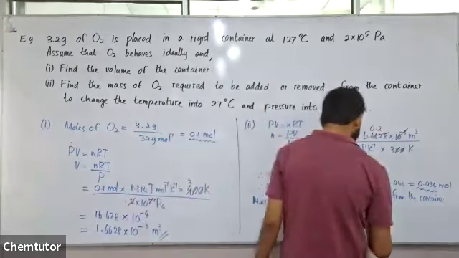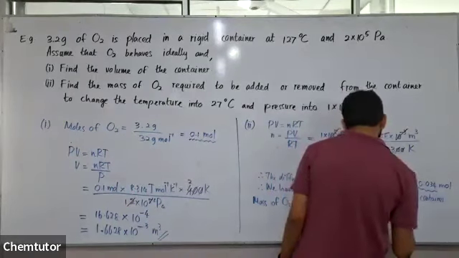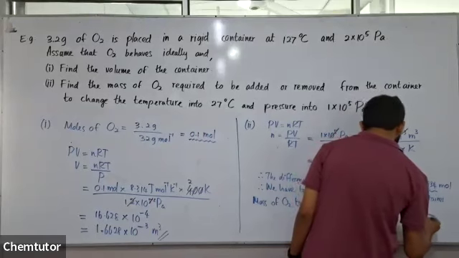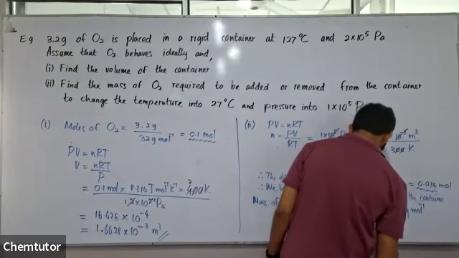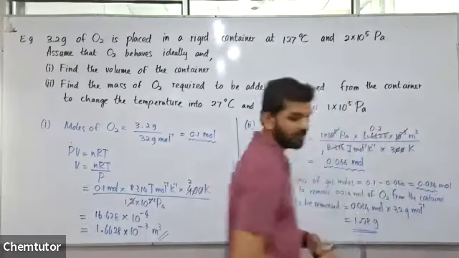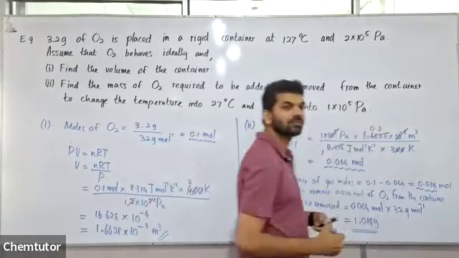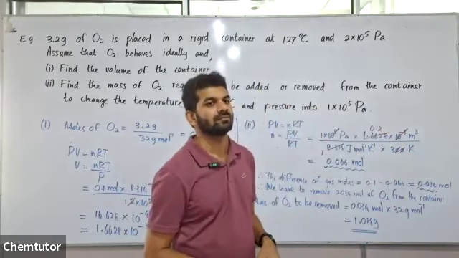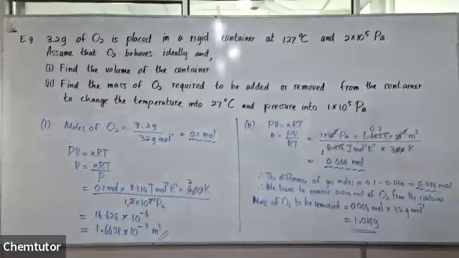Number of moles is 0.034, and molar mass of oxygen is 32. You will get the answer as 1.088 gram. Is it clear?